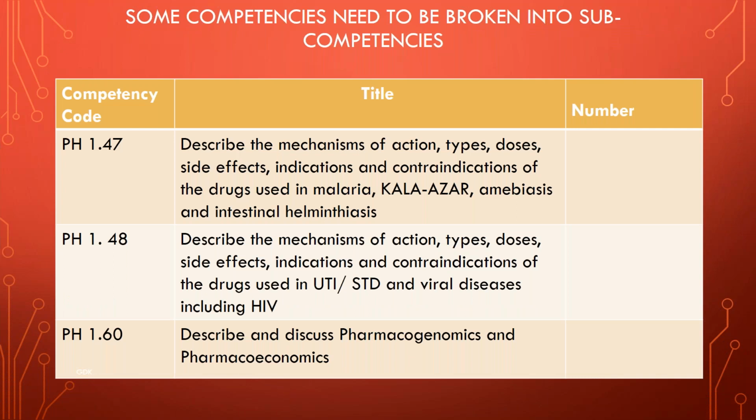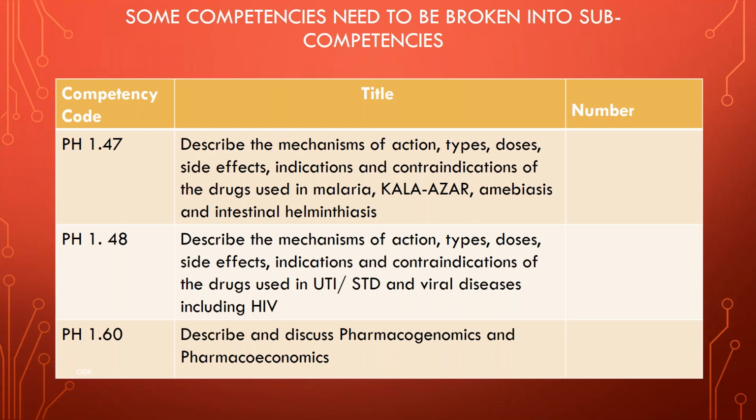Malaria, Kala-azar, amoebiasis, and intestinal helminthiasis. The theme is okay. The only thing is, it will be easier to divide them into subcomponents and develop SLOs and methods. PH 1.48: urinary tract infections, sexually transmitted diseases, and viral diseases, including HIV. HIV is a sexually transmitted disease, but all viral diseases may not be sexually transmitted.